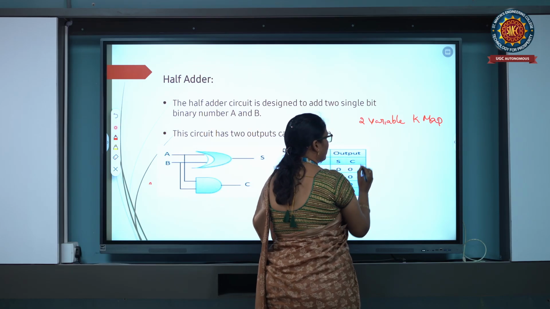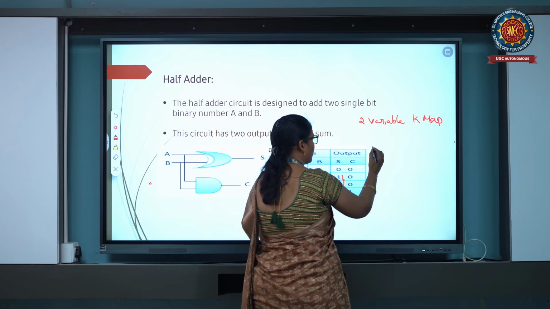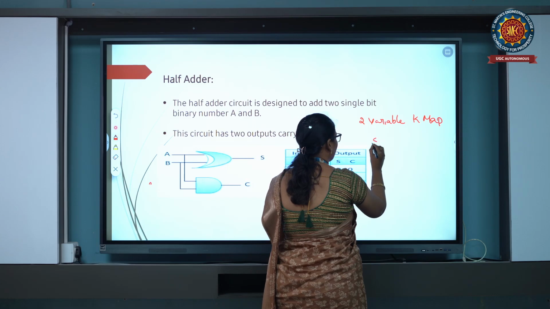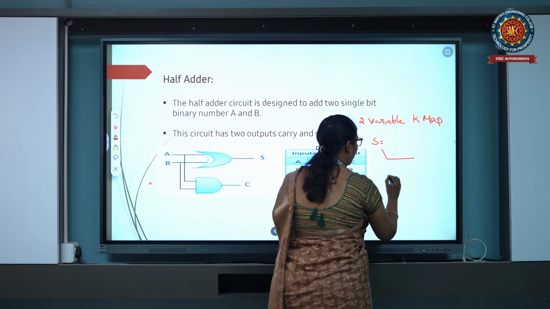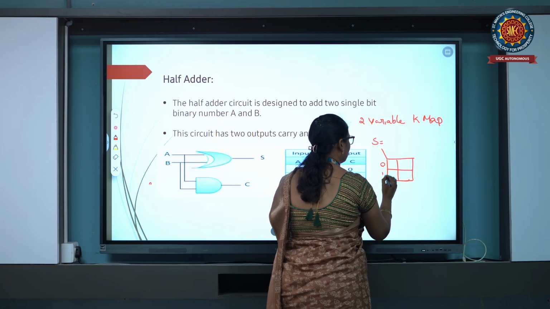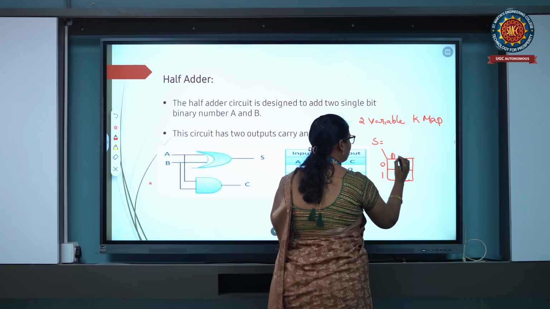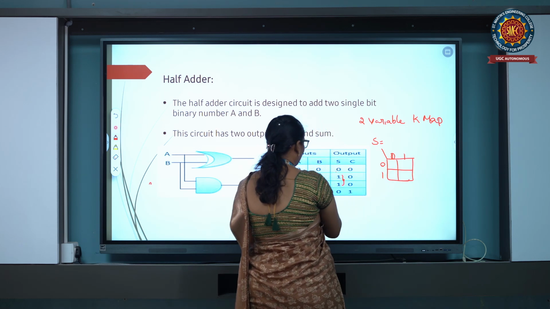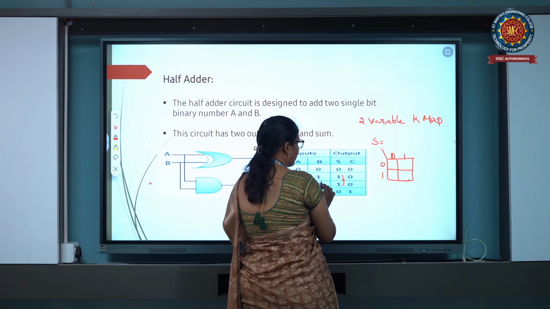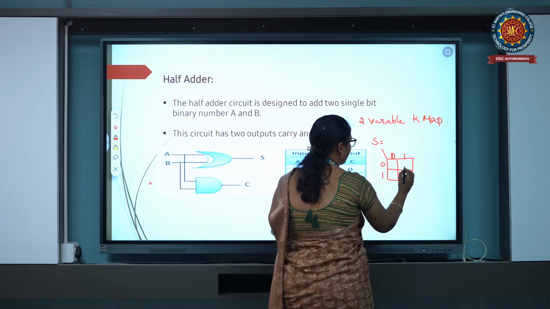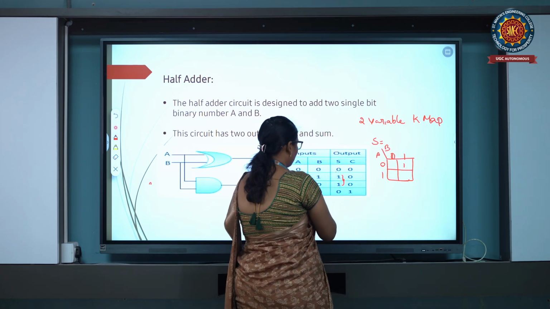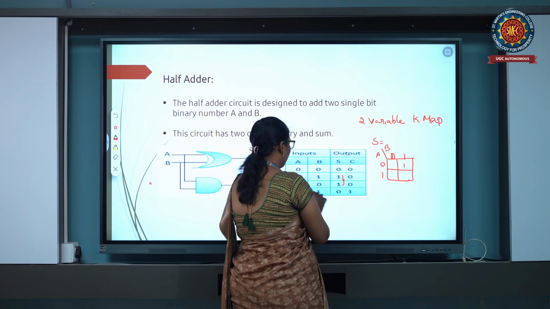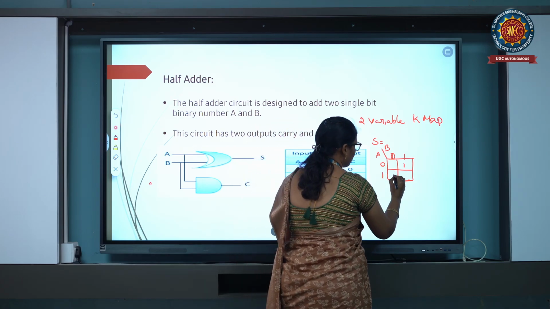For the sum, the sum is high when A is 0 and B is 1, and when A is 1 and B is 0.